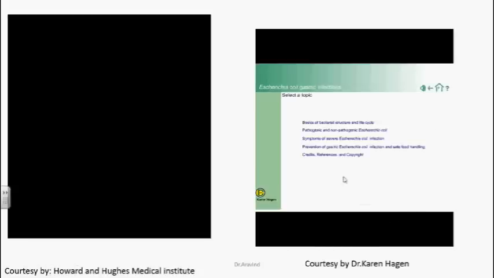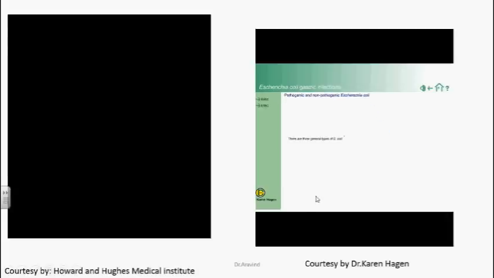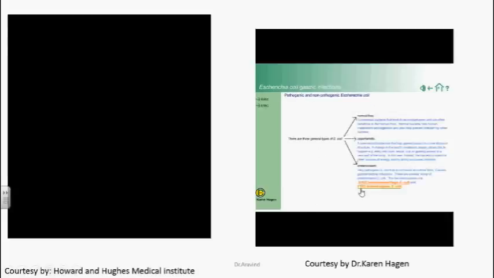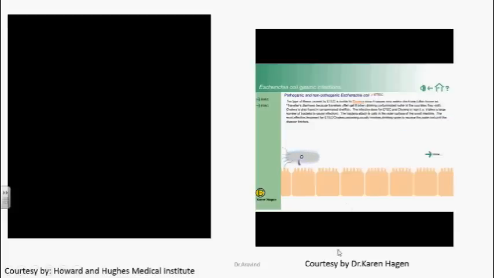Here we can see one more animation of enteropathogenic and non-pathogenic E. coli. First we will see enterotoxigenic E. coli pathogenesis. E. coli came here, attaches to the enterocytes.